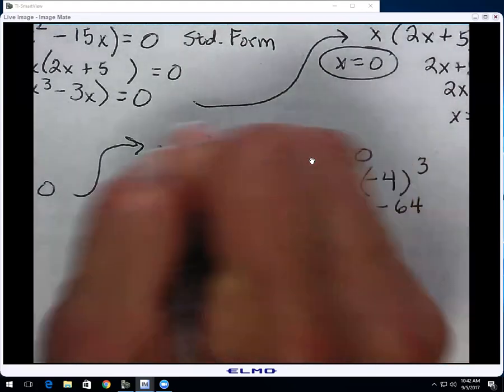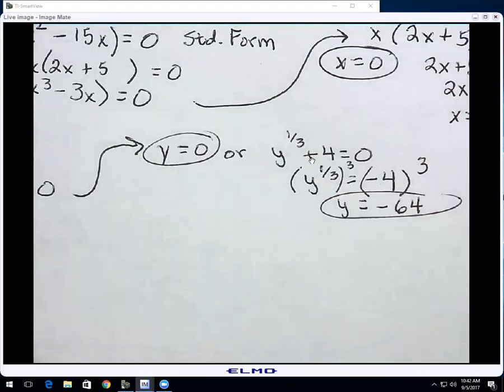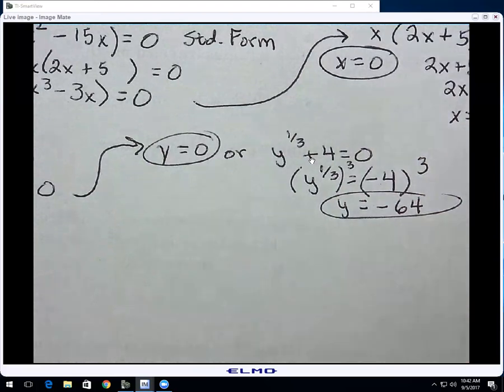Two solutions, 0 and -64. So what we're learning is that factoring doesn't just work on quadratic equations, it'll work on other equations too. Let's get them in standard form and then see if they will factor.